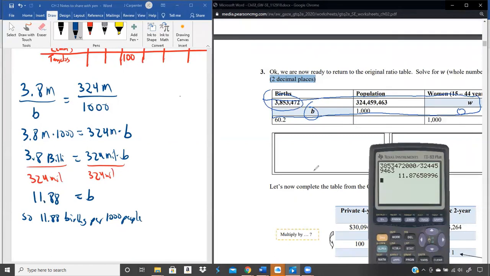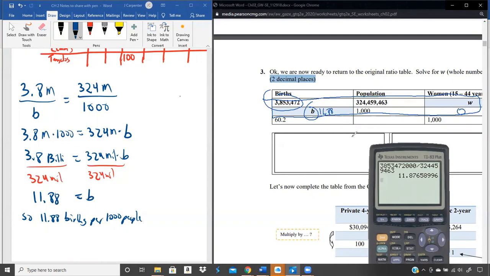But the point of me bringing this up was, this right here, this B, was rounded. So this 11.88 is a rounded number. If you use a rounded number to find another one in a proportion table, this is going to have something called error truncation or error propagation. You use a number that's been rounded to find another answer, and then round that, and then use that to find another answer, and then round that.